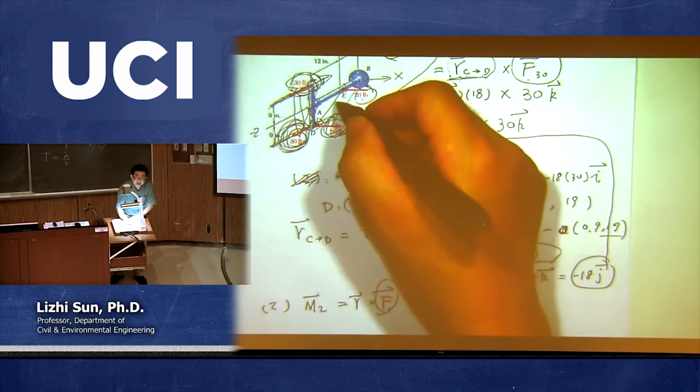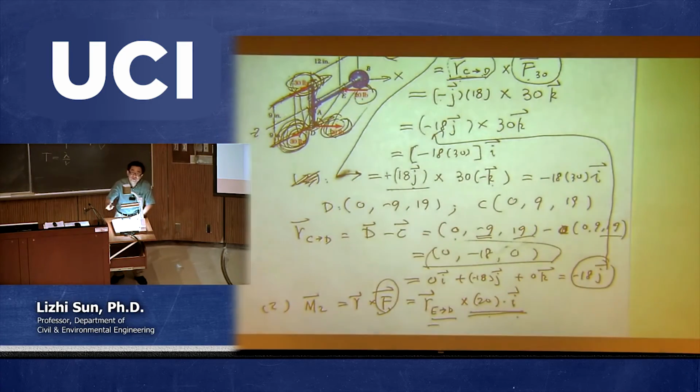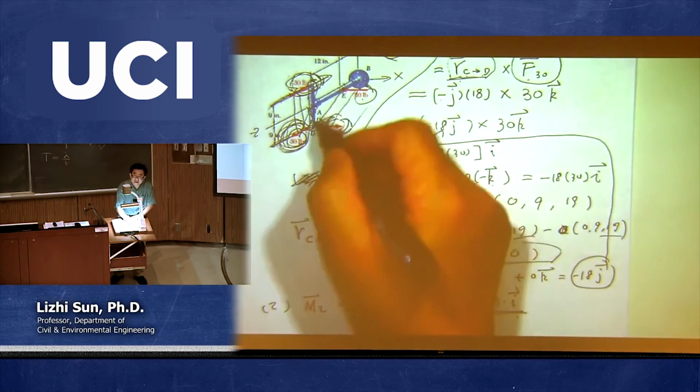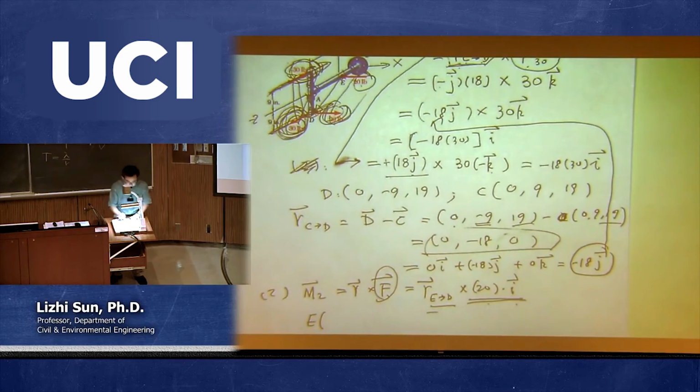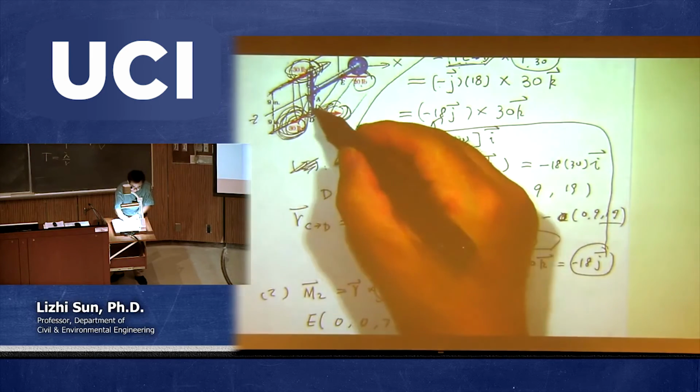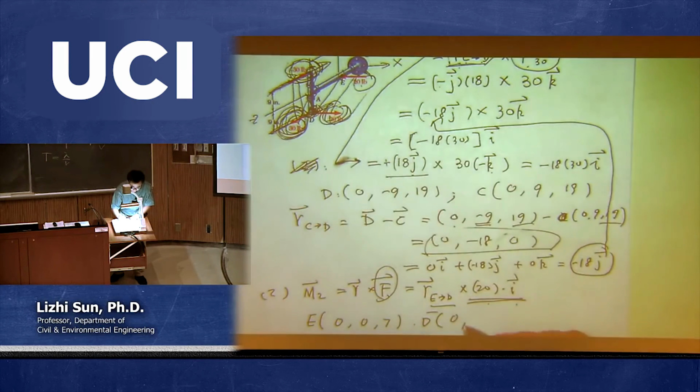Of course, you can easily figure it out, but just in case, let me assume you don't know how to get this distance vector. Let's do the component method. So what are the three components of point E? Point E here, what are the three components? 0, 0, 7. What is point D? 0, -9, and then 19, right?